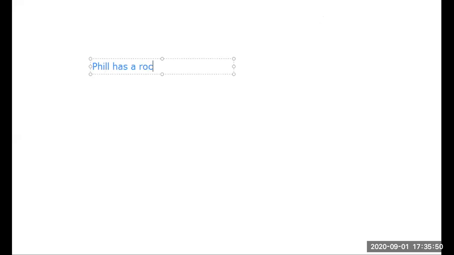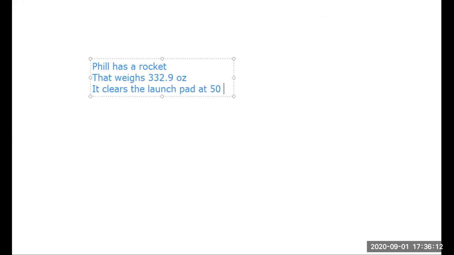So Phil has a rocket. And that rocket weighs 332.9 ounces. It clears the launch pad at 50 feet per second. We want to know, what is the momentum?